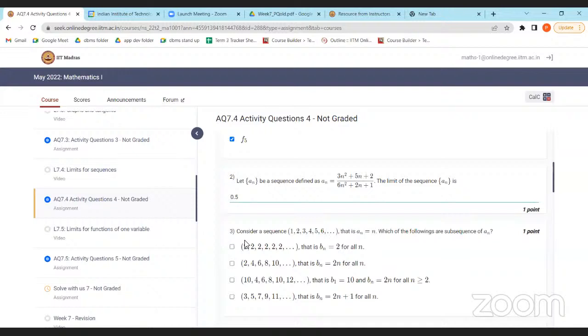So if I increase the value of n, what will be the limit of the sequence? So here n tends to infinity. We always have to consider that n tends to infinity when finding limits of sequences, unless we are given a particular domain.